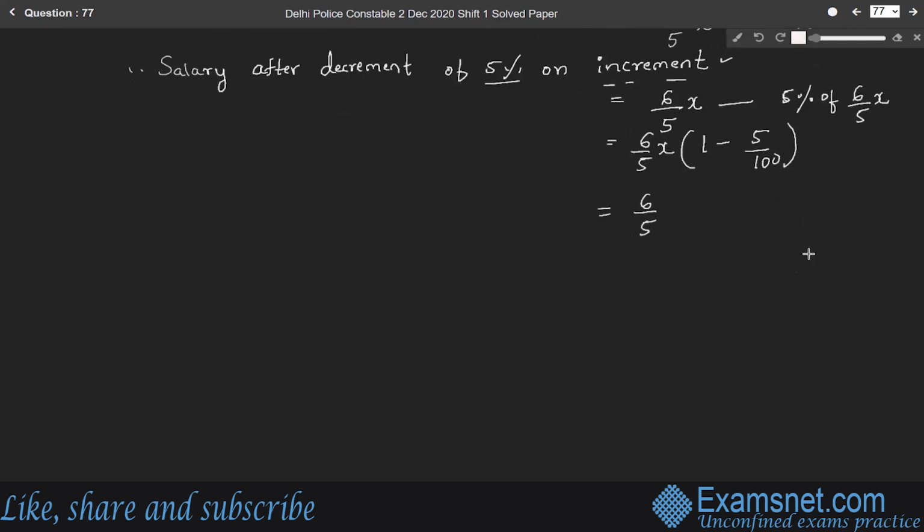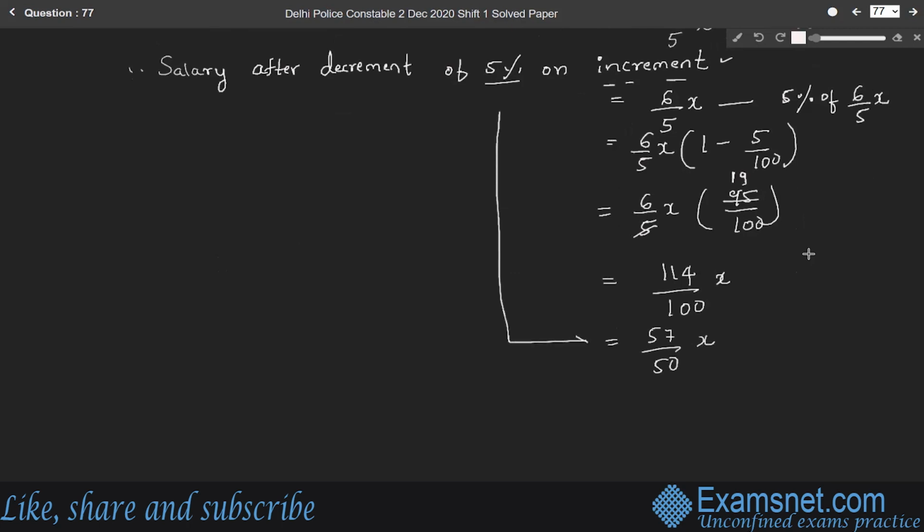So 6 by 5 into X, which is 95 by 100, which is equal to 114 by 100 into X, which is 57 by 50 X. So 57 by 50 X is the salary after decrement of 5% on increment.